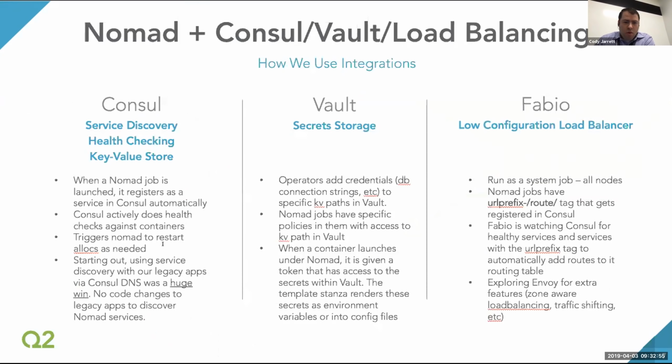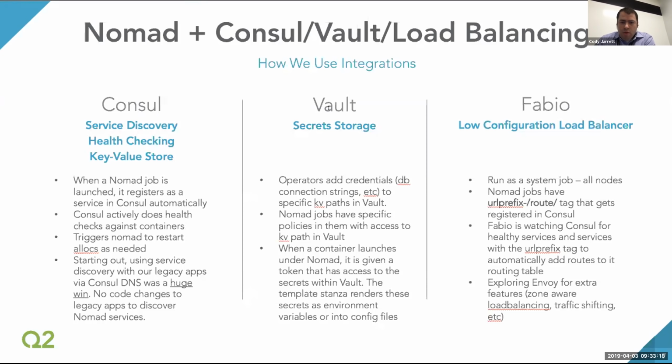One of the things that was really important when we were starting out was that without having to make a lot of changes to our legacy applications, we were able to make use of Consul DNS for reaching these new applications that are running inside of Nomad.